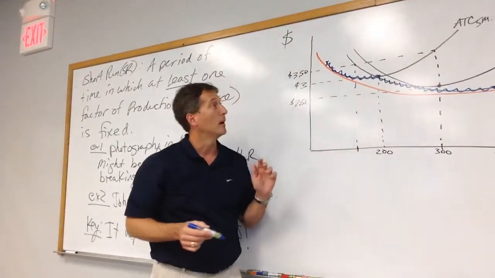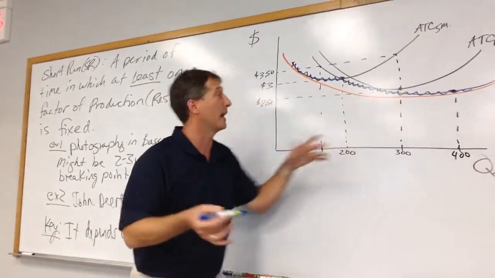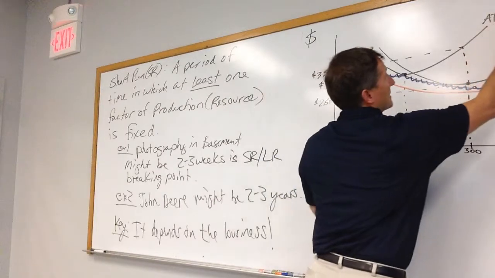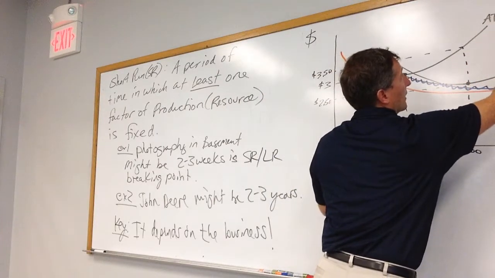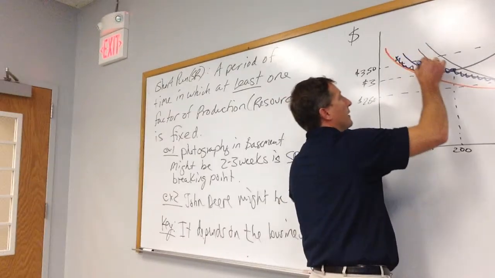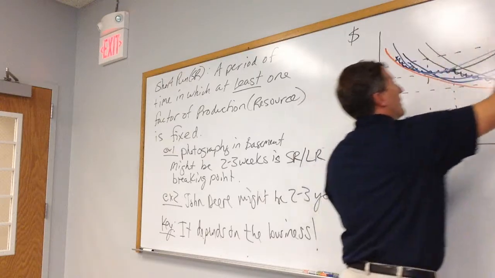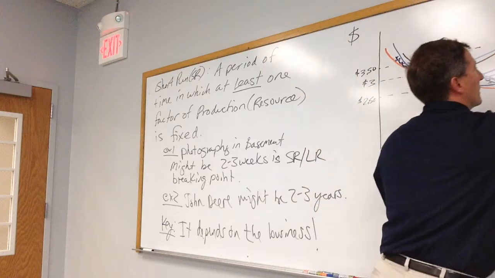But in reality, I totally agree with you, and I'm not trying to discount that. I just wanted to show that if this is 10,000 square feet and this is 20,000 square feet, then there's another one that's 15,000, and there's another one, and another one.